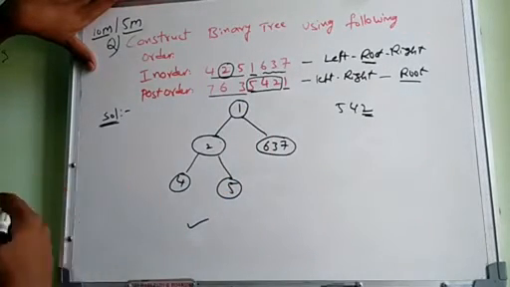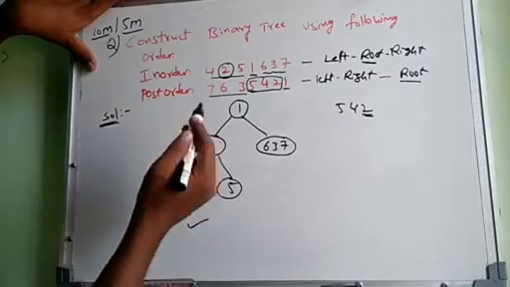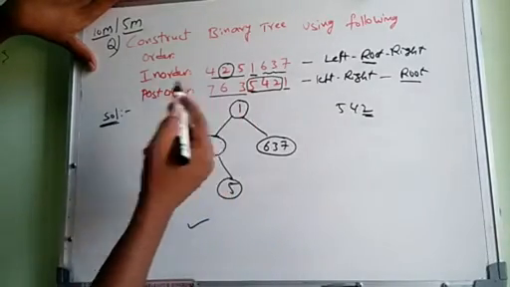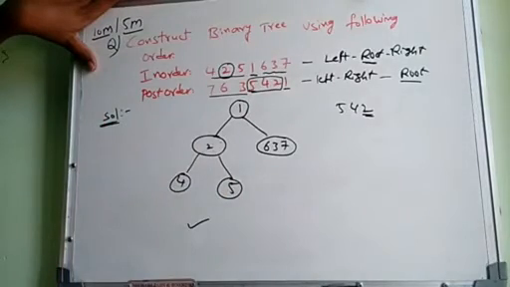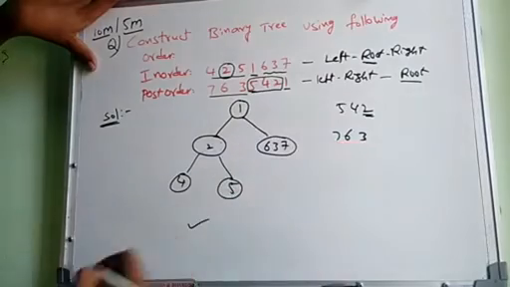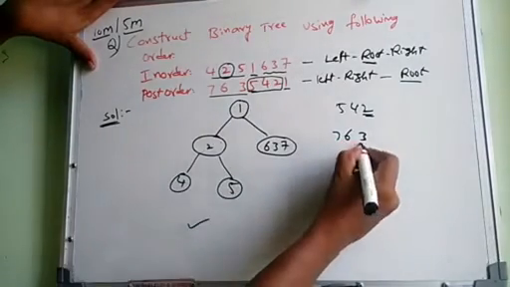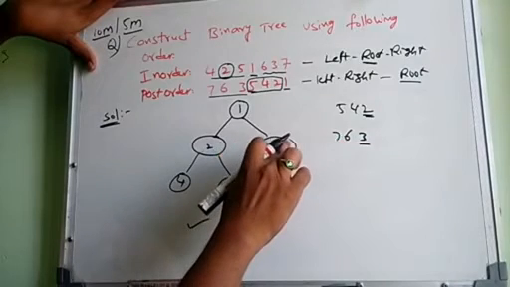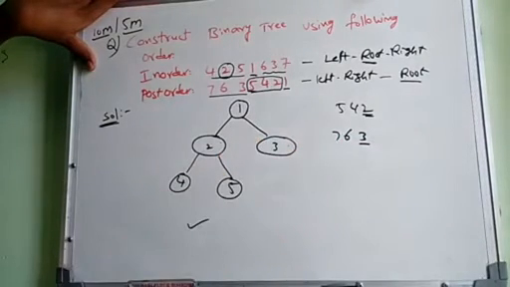The combination may not match, but the elements are the same, these are continuous elements. So 7 6 3, where is the root present? At the rightmost. Now we find the root is 3.